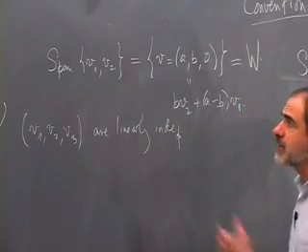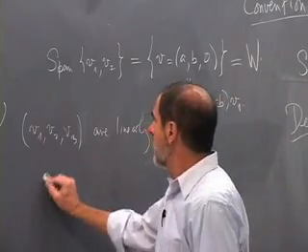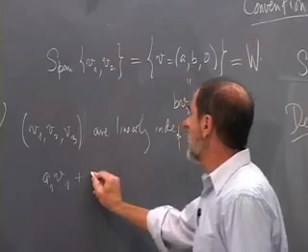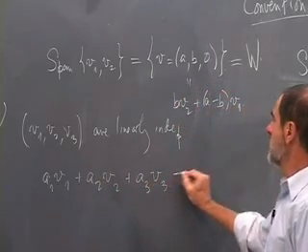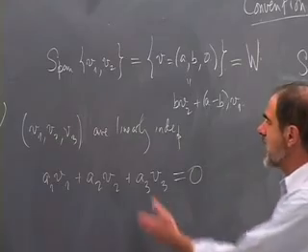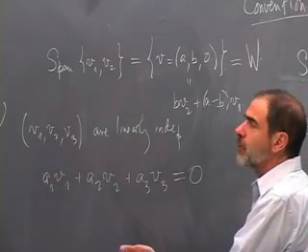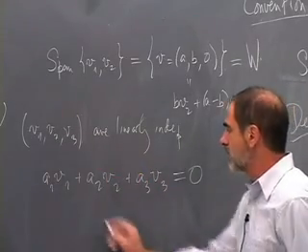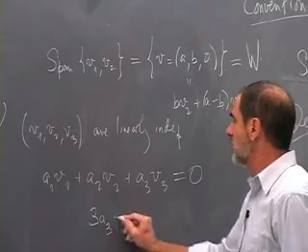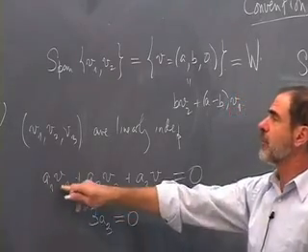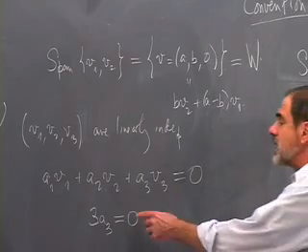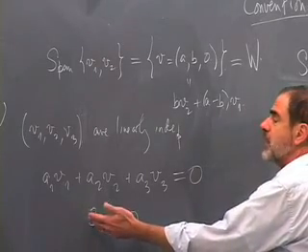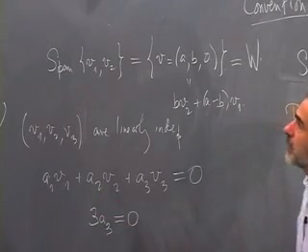Because suppose I had some relation between them: a1 V1 + a2 V2 + a3 V3 = 0. Well, if you write down what this vector looks like, in the third place it has 3a3. So 3a3 had to be equal to 0 because the coordinate of the third place of these two vectors is both 0. So if 3a3 is equal to 0, and we're in a field, so we can divide by 3. Whoops. Oh, this is R^3.